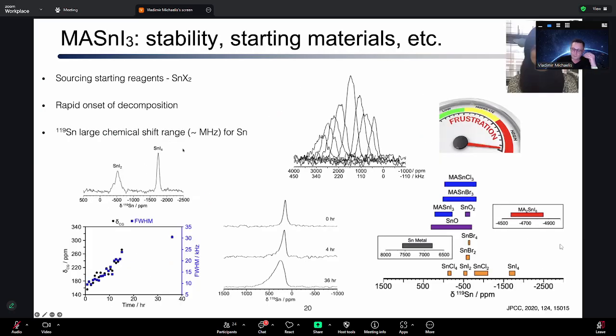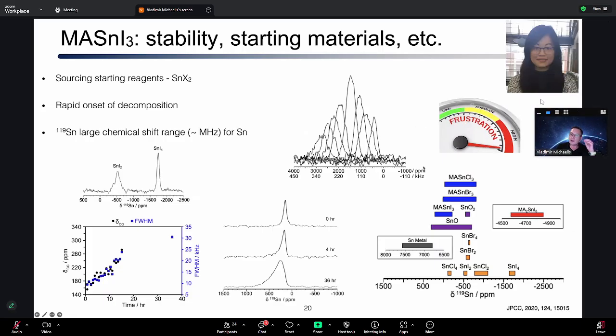Now, there are a few things we had to learn over time, and I like this little cartoon here because this is work done by Michelle, who spent a lot of time trying to figure this out, where the frustration was quite high, because we could never actually formulate a pure phase of this methylammonium tin iodide. What we learned after about a year is you have to be really careful both with how you handle the material and with what you source as your reagents.